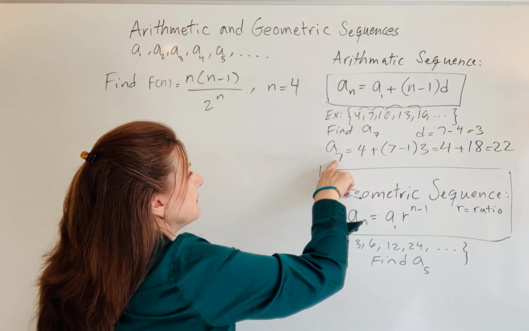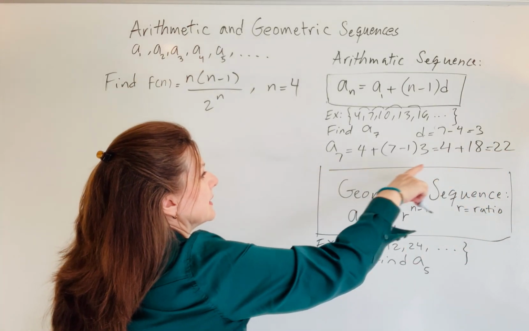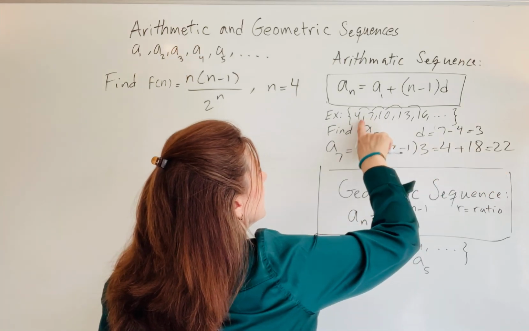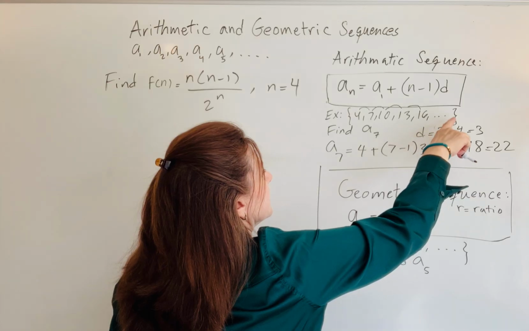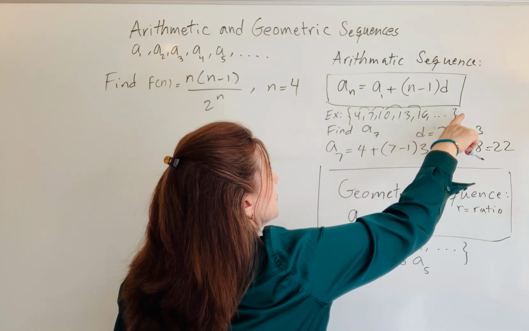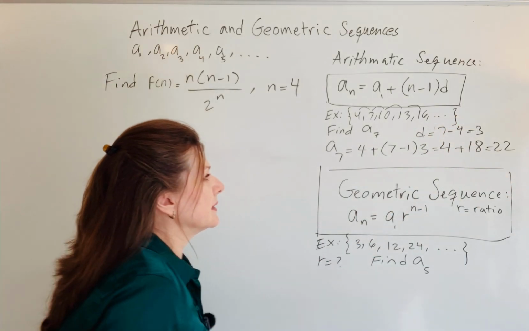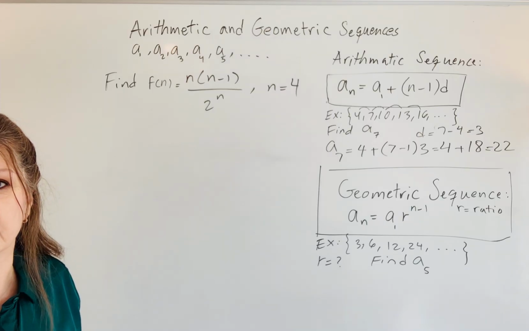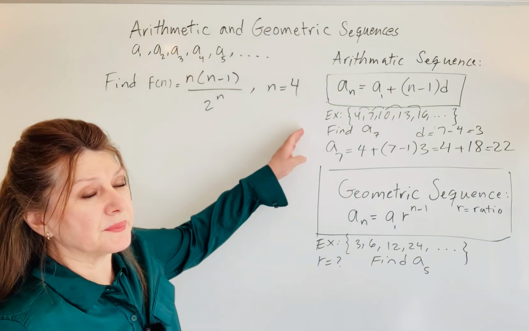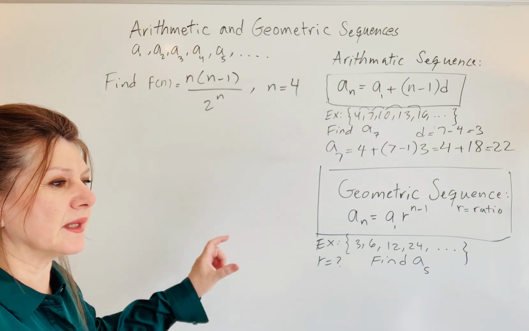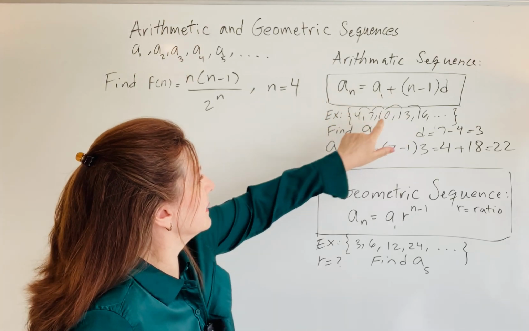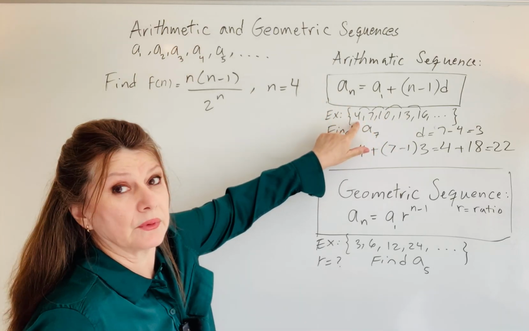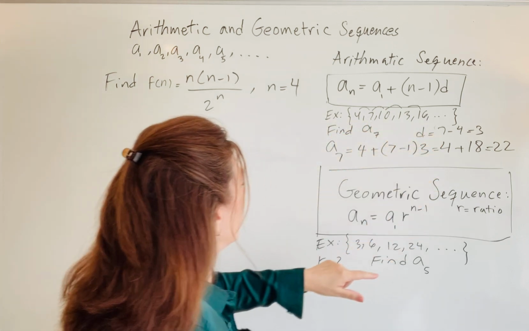The seventh term of this one is 22, because 4, 7, 10, 13, 16, 19, 22, 22 is the seventh one. And so on. This is arithmetic. Arithmetic means any term is a number bigger than this one or less than this one.